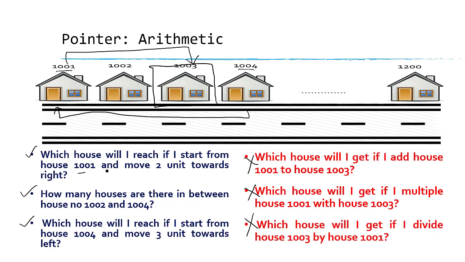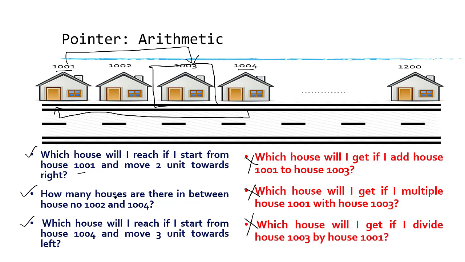When I am adding or subtracting an integer value to the house number, or I am subtracting a house number from another house number to get how many houses are in between, these three questions are answerable.